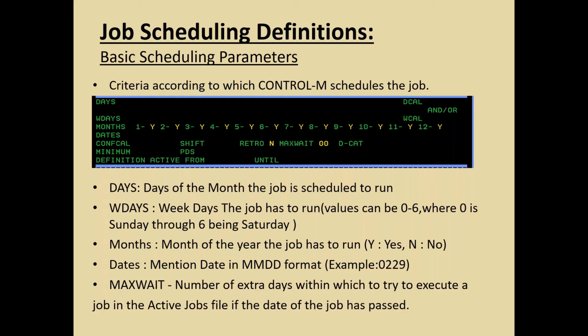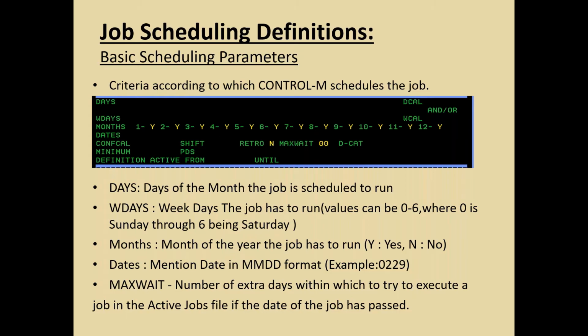Now suppose this job will stay in Control-M for 5 days. On the 6th day, when the new schedule comes to Control-M, this job will automatically disappear. To overcome such a situation, the max wait parameter has been introduced, where the maximum wait time you can give is 90 days, that is 3 months.